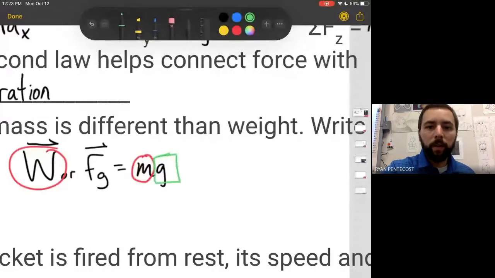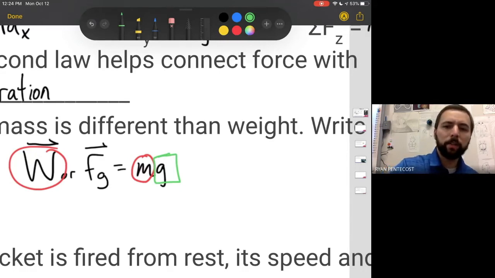If you have a different gravitational field, that's going to give you a different weight. Now, your mass can obviously change. It varies throughout the day depending on what you eat and how much you eat. But in general, your mass stays the same, give or take a kilogram here or there, but the weight can drastically change if you change the gravitational field.